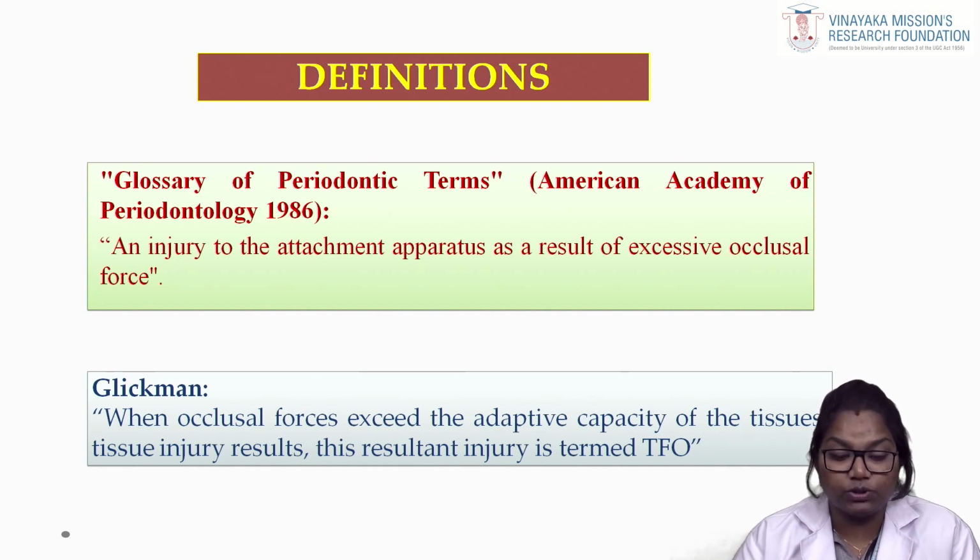This resultant injury is termed trauma from occlusion. Basically, our normal masticatory muscles and the periodontium can withstand a specific amount of force, a normal force being 5 newtons. Any force beyond that can cause trauma, which is called trauma from occlusion.